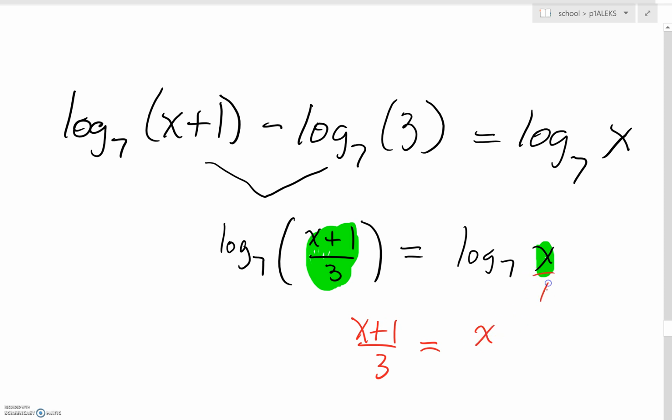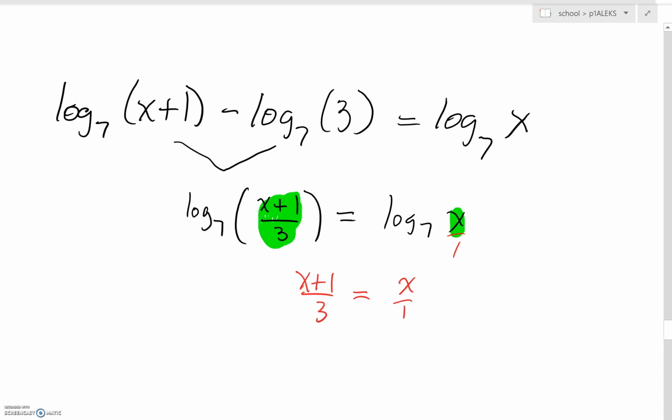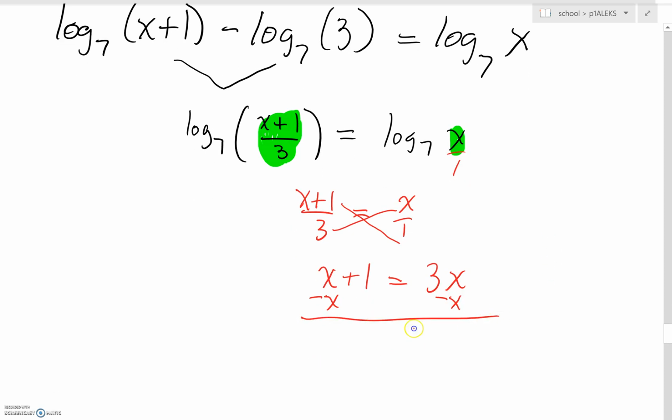And by the way, you could say that's also a fraction. It's really x over 1. And the reason why I'm pointing that out to you is that really we can cross multiply. 1 times x plus 1 is just x plus 1. And 3 times x is just 3x. So next I'm going to minus an x from both sides. And we'll have 1 is equal to 2x. And then x would equal 1/2.